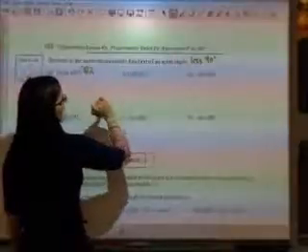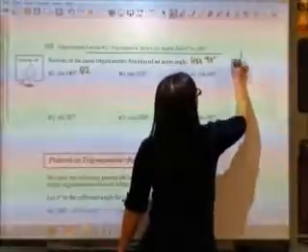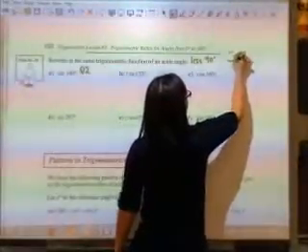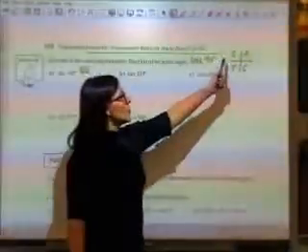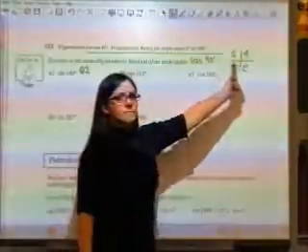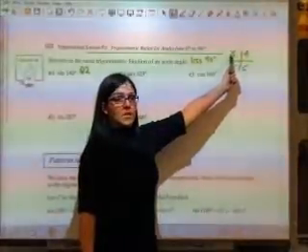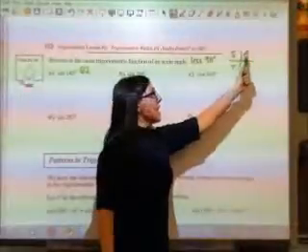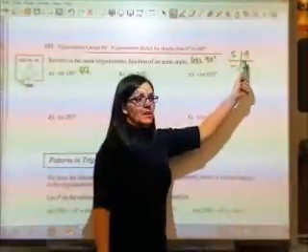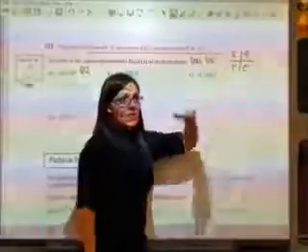And I use my CAST rule. In quadrant 2, sine is what? Positive. In my CAST rule, it's the positive values that are listed: A for all, sine, tan, and cos. So in quadrant 2, sine is positive.